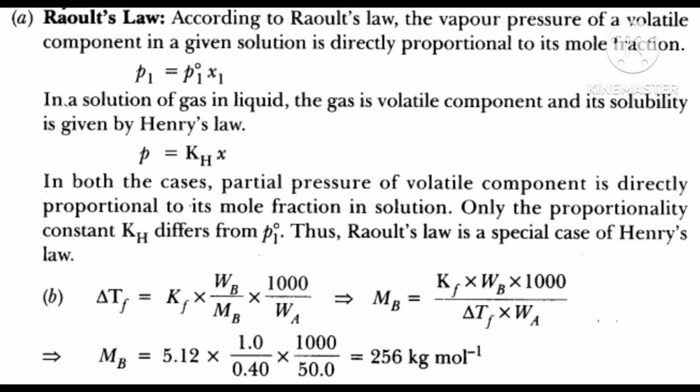You should know this. The component which is more volatile will be in more quantity in vapor phase. Their vapor will be more because they are more volatile. Okay, this is very, very important.